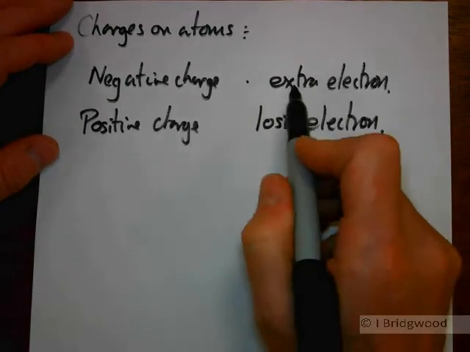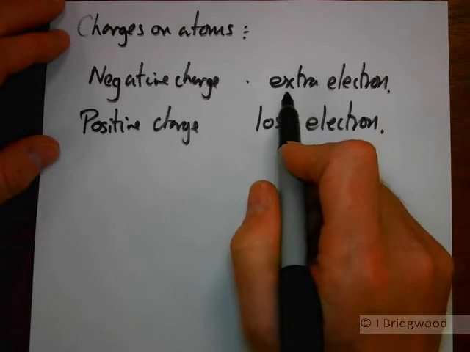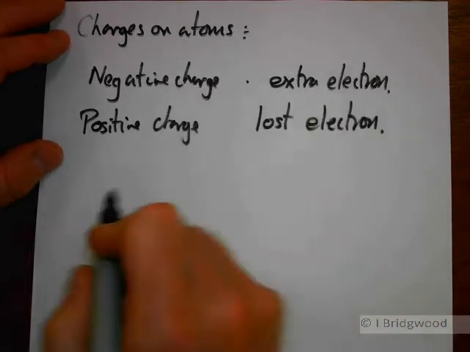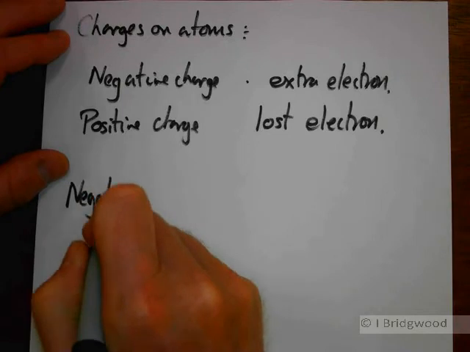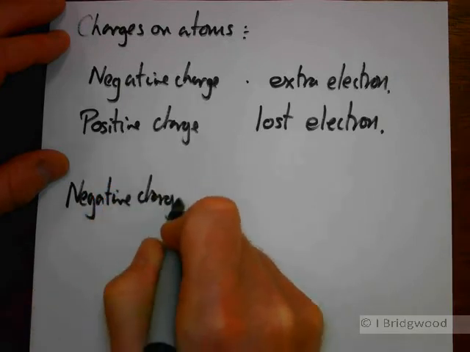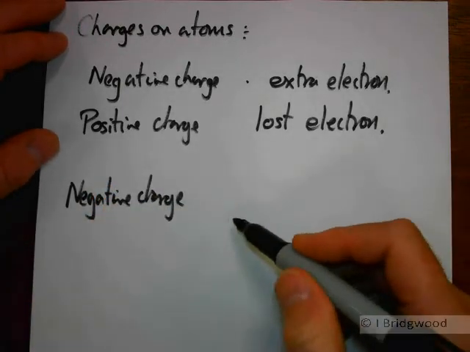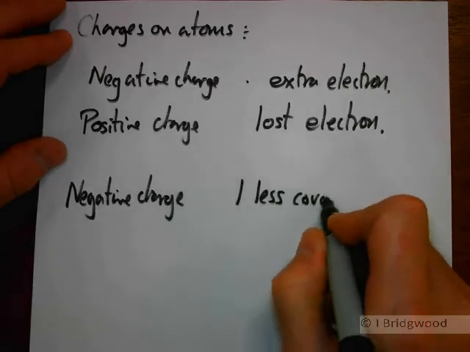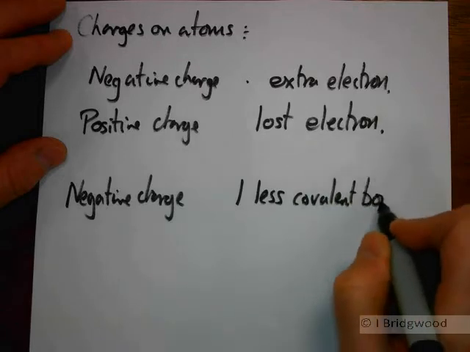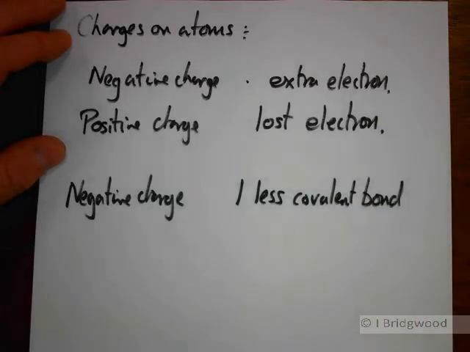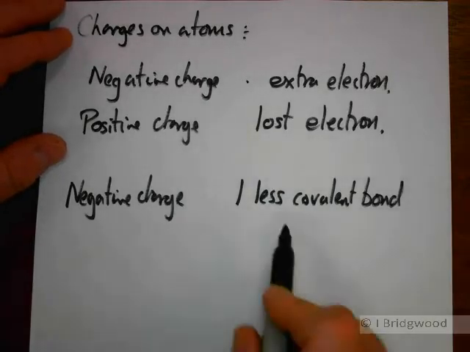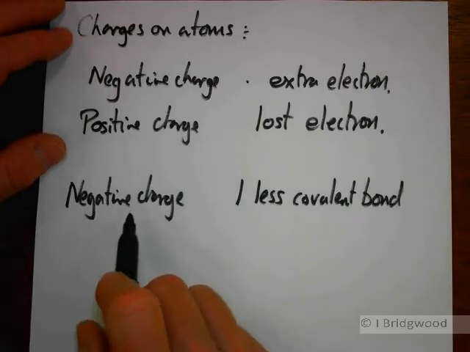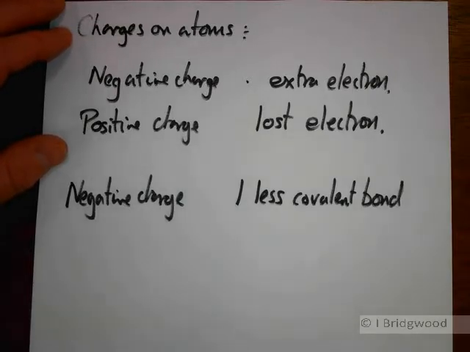So that means that if we have had an extra electron added, it must mean that we need 1 less covalent bond to produce our compound there, because having 1 extra charge means that we don't have to share any extra electrons for that atom.